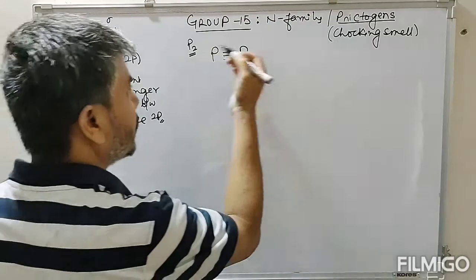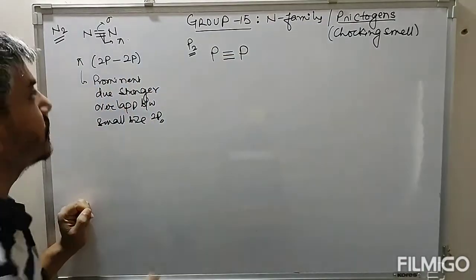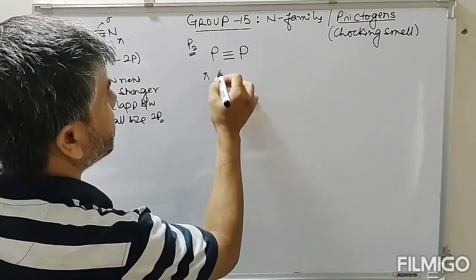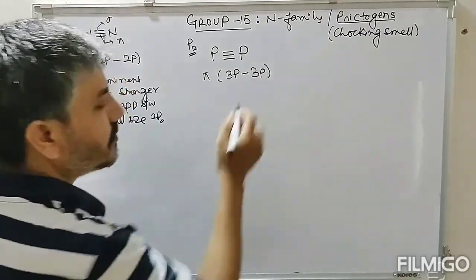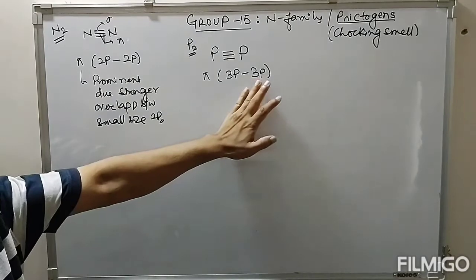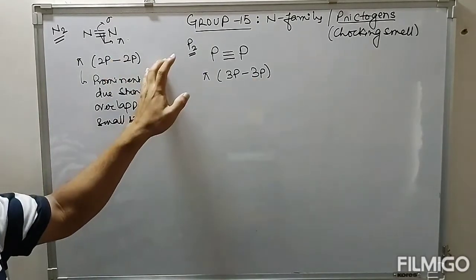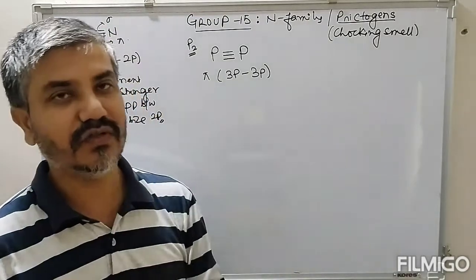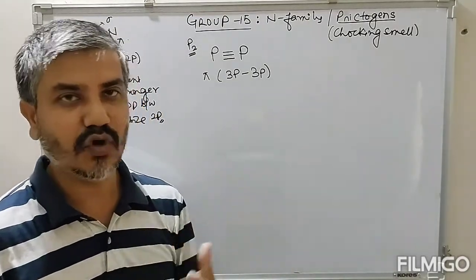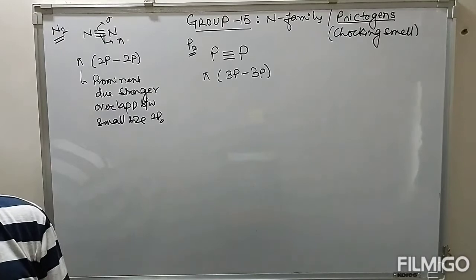Now phosphorus is in the third period, so the pi bond should be formed between 3p and 3p. The size of the 3p orbital being greater than 2p, the extent of overlapping between 3p orbitals is very weak.